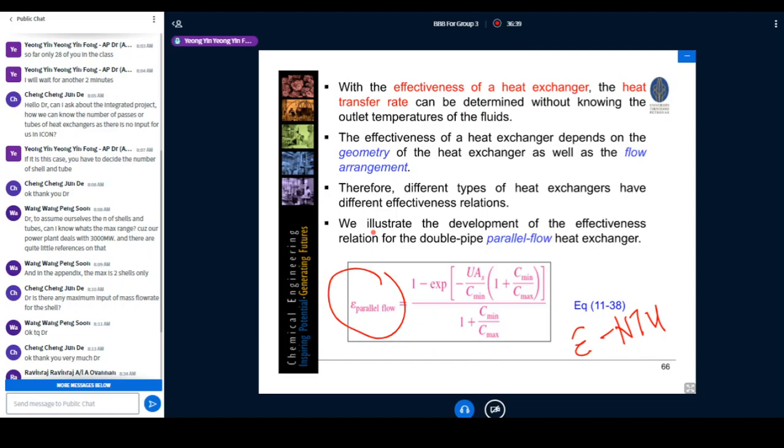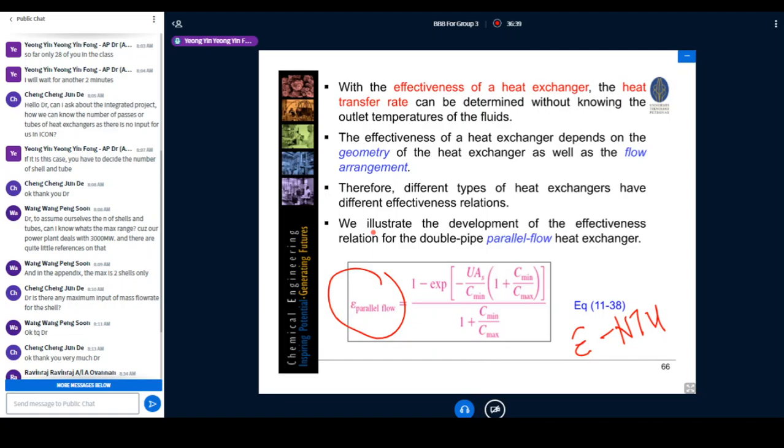Before we proceed to understand the relationship between the effectiveness and the NTU, we need to know a new term, the capacity ratio. For the effectiveness-NTU method kind of problem, first you need to get Cmin, then Cmax, then eventually you need to get the capacity ratio.